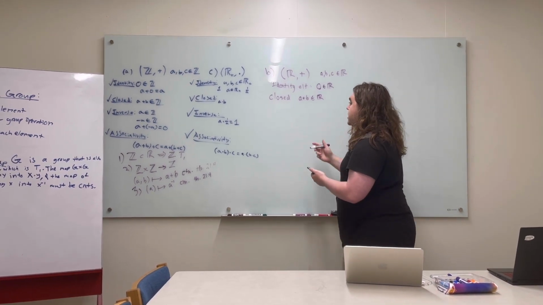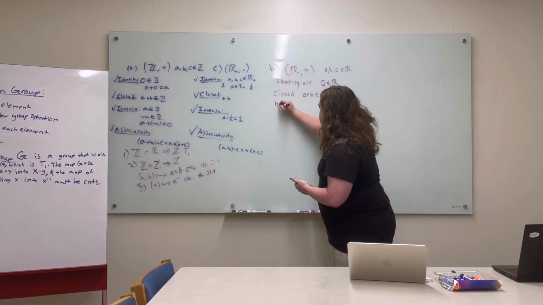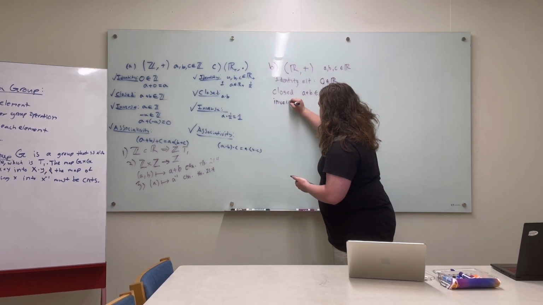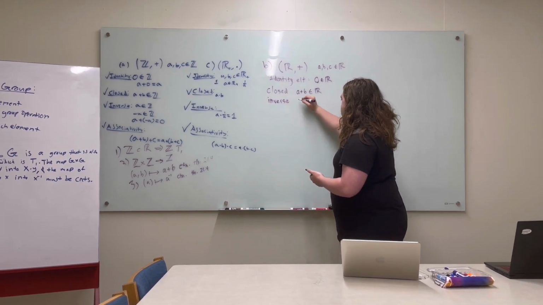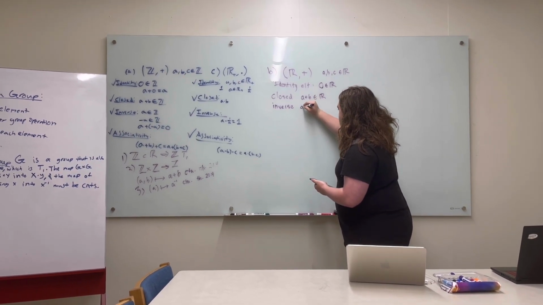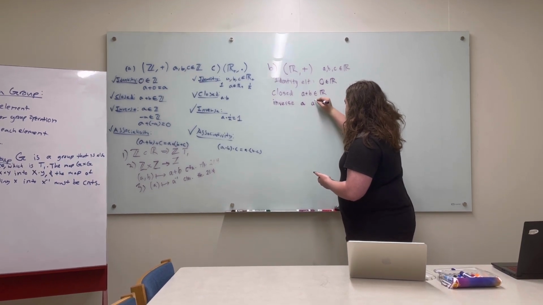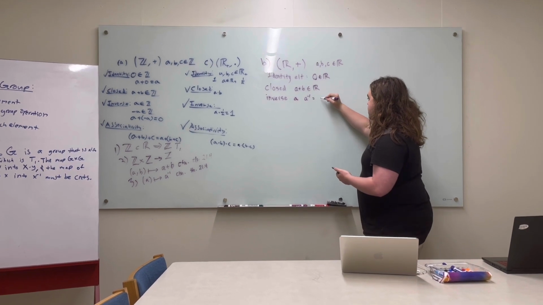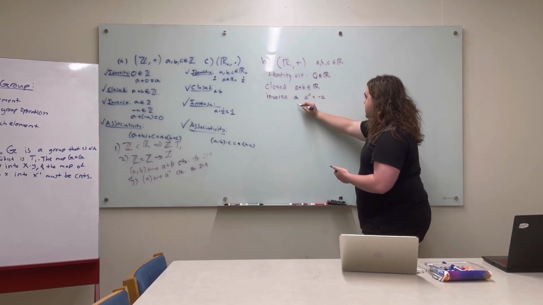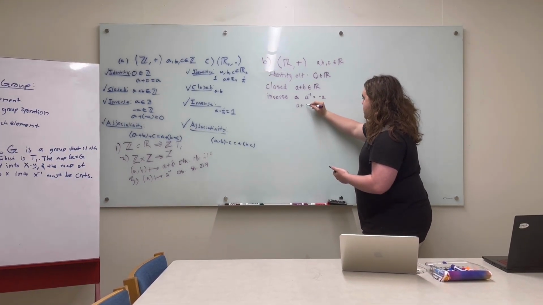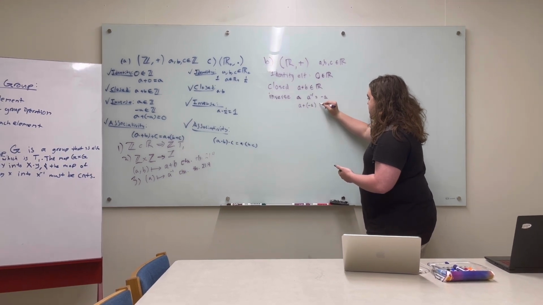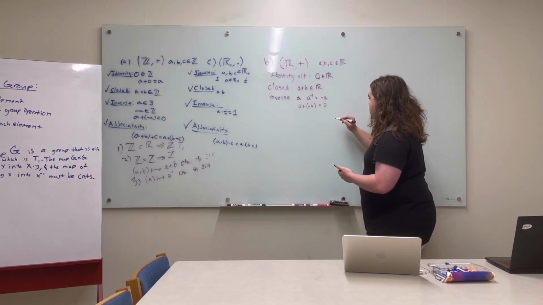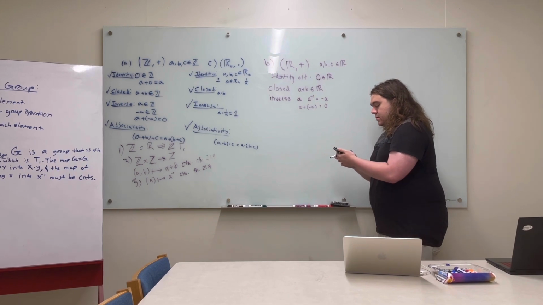And then we need the inverse. For any element A, we have A inverse, which is simply negative A, because A plus negative A equals 0 for all real numbers.